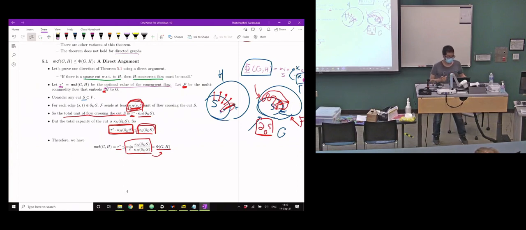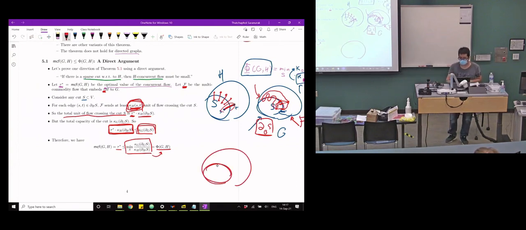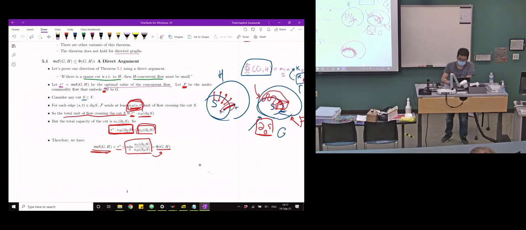If there is a sparse cut with respect to H, where there is a lot of demand crossing the cut compared to the capacity, then the maximum flow cannot be big. The flow that satisfies all this demand cannot be big.